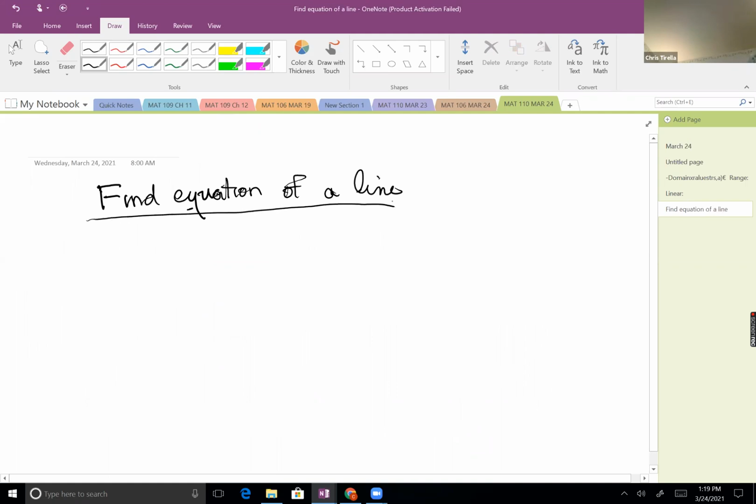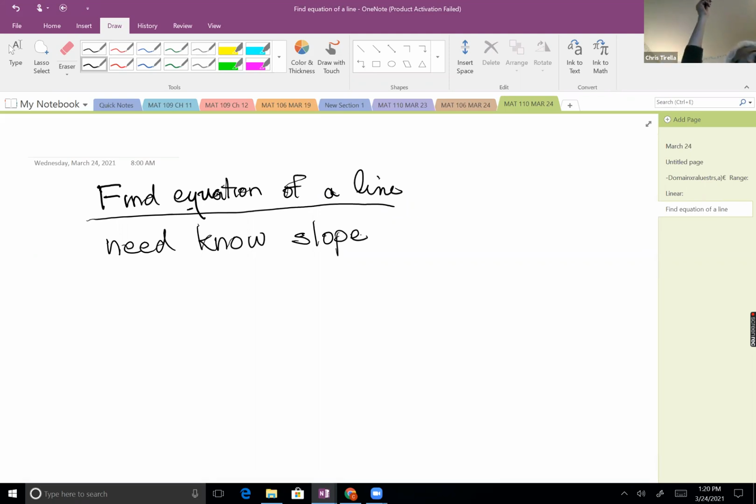And in order to find the equation of a line, we have to know something about the line. So try to picture a line somewhere on a plane. In order to describe it, wouldn't we need to know how slanted it is? So we need the slope. And then once we know how slanted it is, we need to know where it is in the plane.